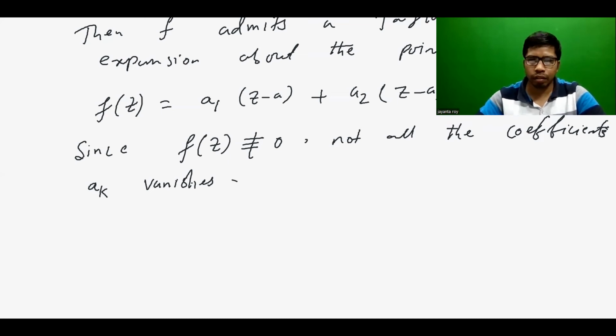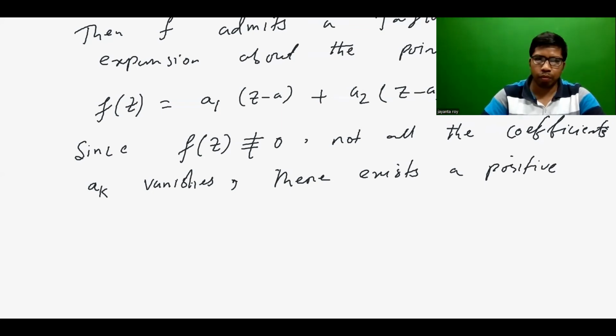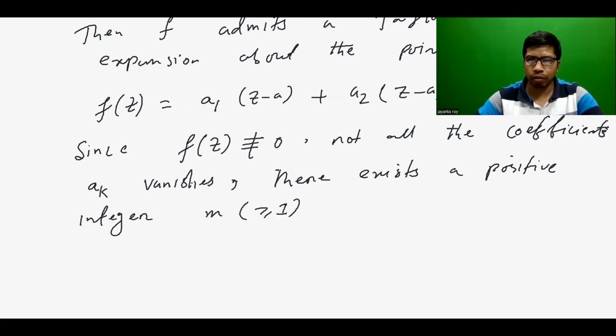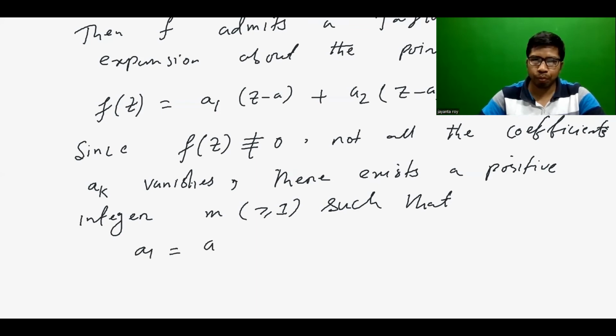That means there exists a positive integer, say m, which is greater than or equal to 1, such that all the coefficients of the Taylor series expansion up to m minus 1 are 0, but a_m is not equal to 0.